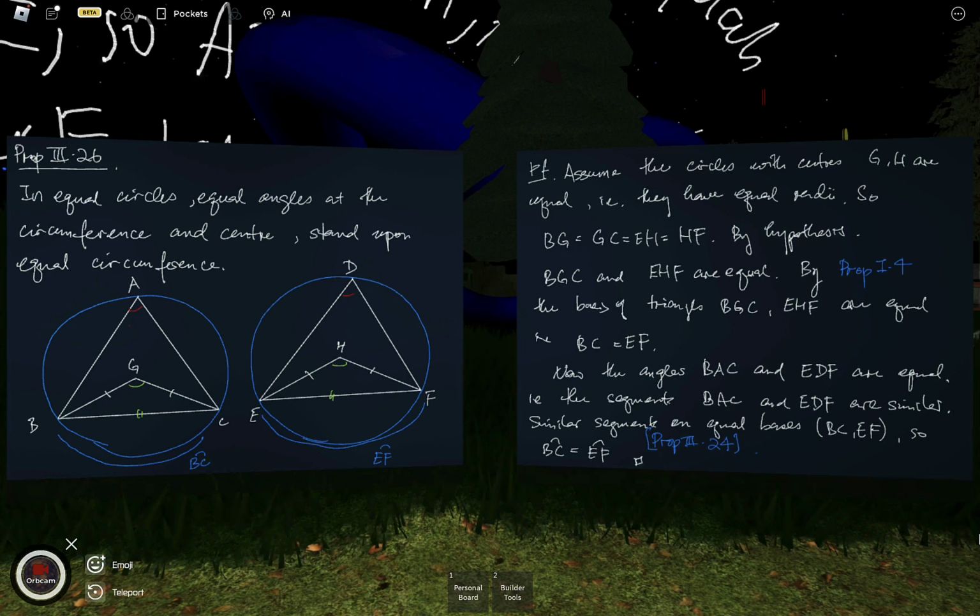I was going to apply them to one another because the BGC and EHF, you can just move them on top of each other, right? Yeah. But maybe the notion of applying a circle on another hasn't really been talked about. We've applied straight line figures on each other. We just smack them on top of each other, and that's fine, right? Yeah, maybe he was hesitant to apply circles to each other. I don't know.